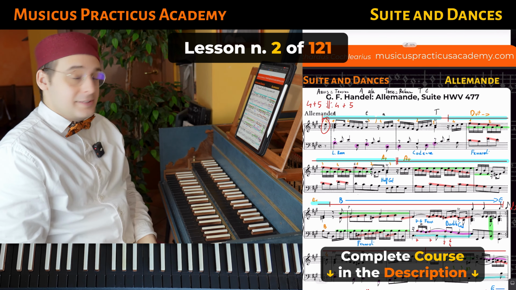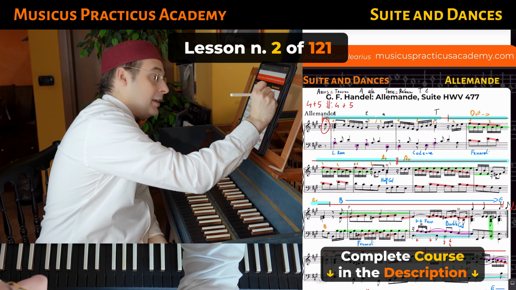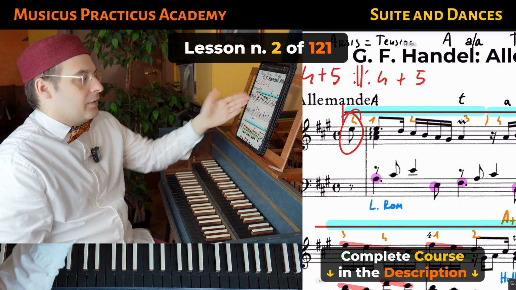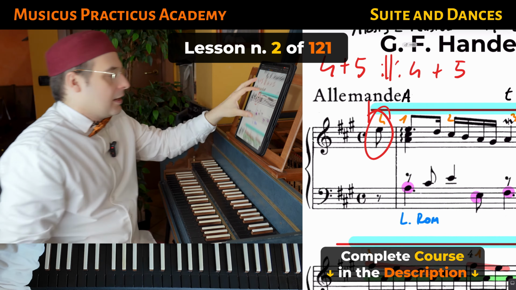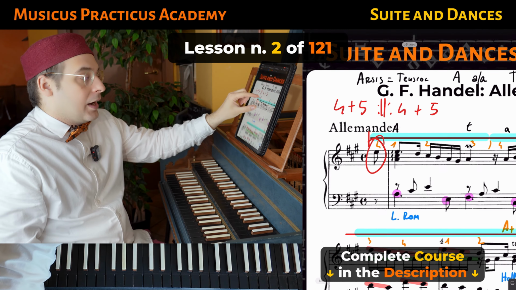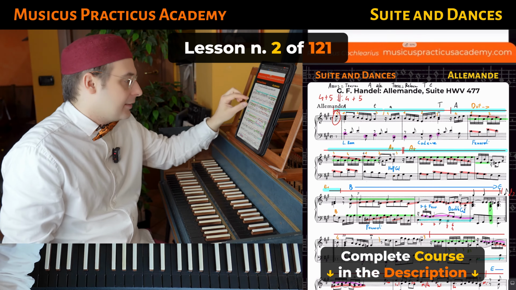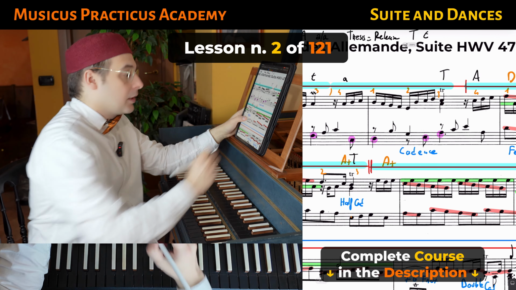Now, this is the phrasing. We can identify a thesis at the beginning of each beat number 4. Here we can even say beat number 1, sorry, a thesis, an arsis, a tension. Here we can even say beat number 1 because beat number 4 does not exist, it's just a little section. And a thesis on beat number 3.